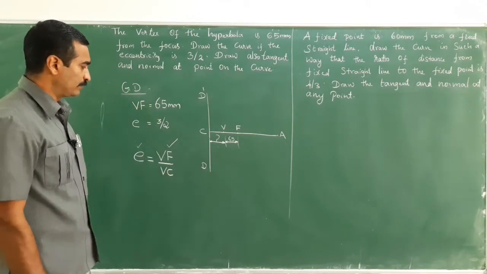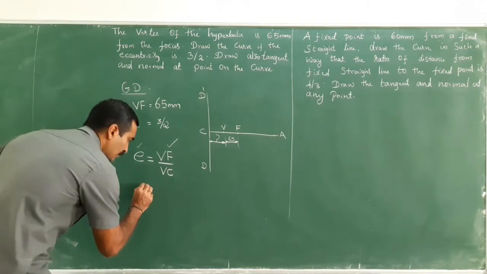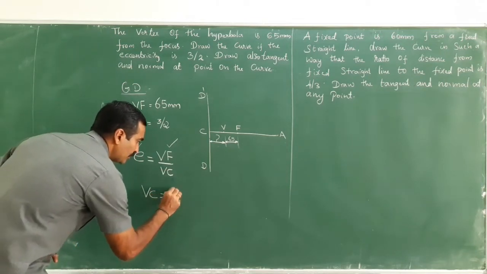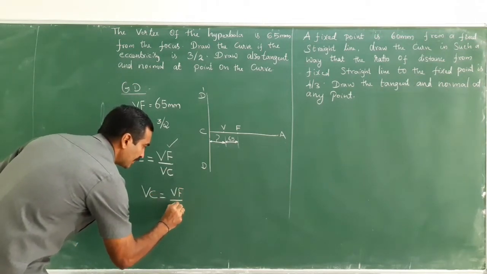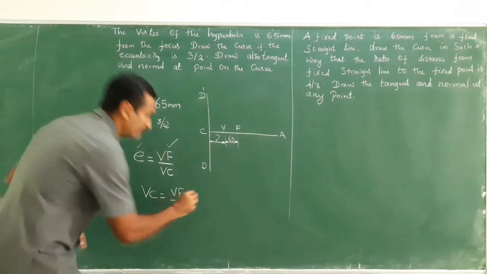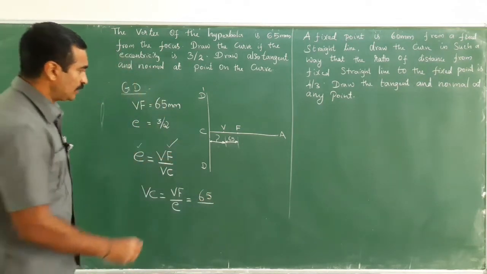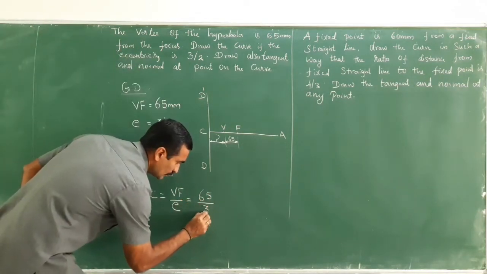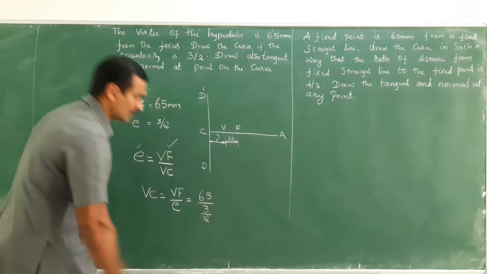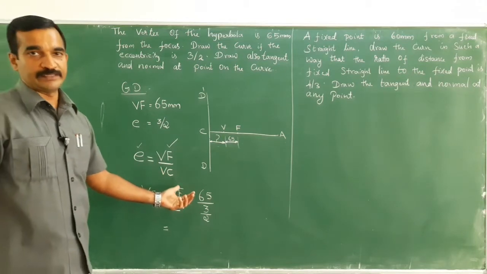So, it is easy to find the value of VC. VC is equal to VF by e. VF value is 65, then e value is 3/2. So, VC can be found out from here.